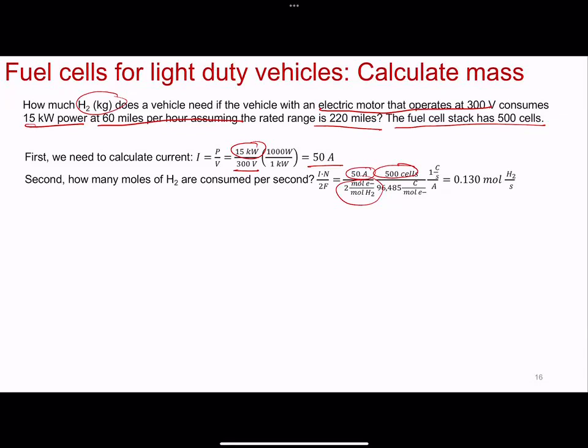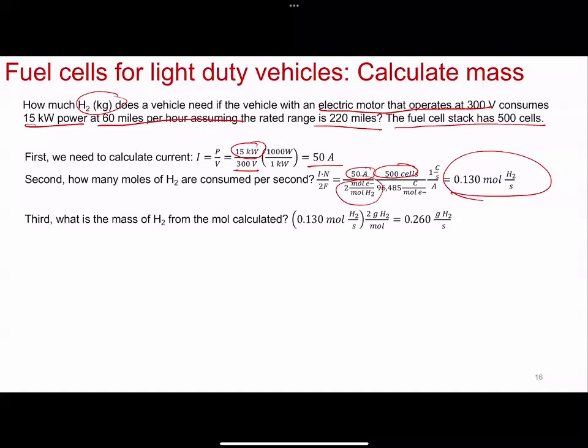The stack is drawing 50 amps, and so we divide that by 2F, F being Faraday's constant. We convert 1 coulomb per second to 1 amp. So this is how many moles of hydrogen are consumed per second.